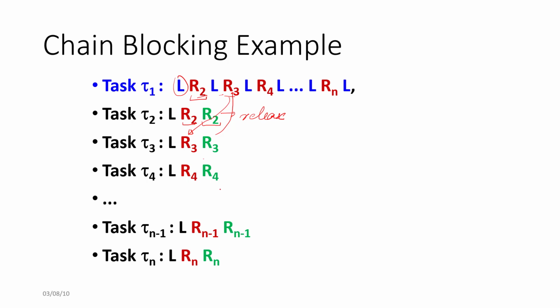As you can see, every time it requests a resource, if it needs n resources, n times it has to wait. So it will suffer n priority inversions, and this is known as chain blocking. It basically means that you request a new resource and then you may be blocked for a long time, which is not in our best interests, because after all, T1 is a high priority task.